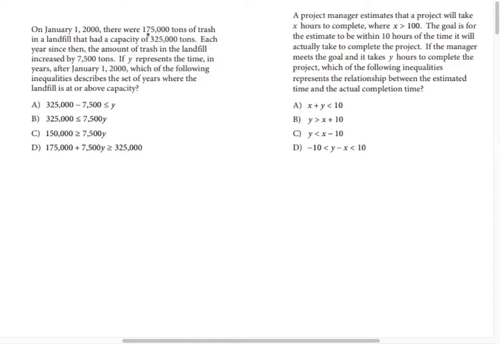So it says right now, the landfill has a total of 175,000 tons. So let me write that, 175,000 tons. Next, we need to see by how much it is increasing. So each year it's increasing by a total of 7,500 times the number of years.